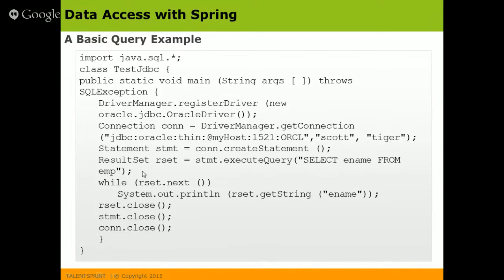Similarly, there are many things you can see in this code: when you open the connection, the statement, and the result set, we have to close all these things at the end of the program. It is the responsibility of the programmer to close the resources which we already opened.